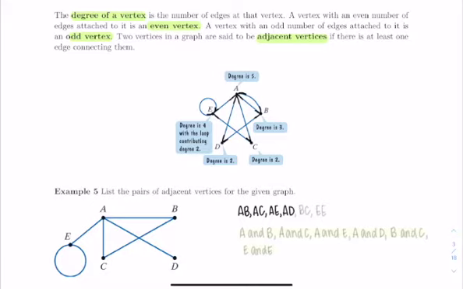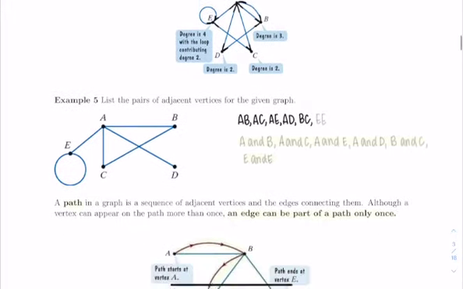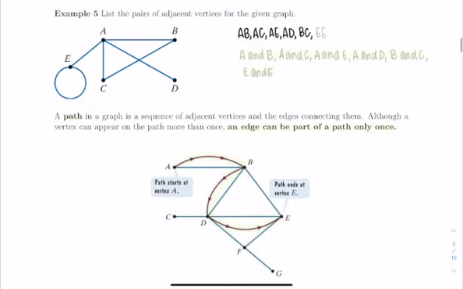Let's move on to B. Now, if we already have an edge written, we don't have to write it twice. We know that B and A already have an edge, and we took care of that, but the only other edge is BC. So B and C are adjacent vertices. Let's look at C. We already took care of the C and A edge and the C and B, so there's no extra ones we need to consider.